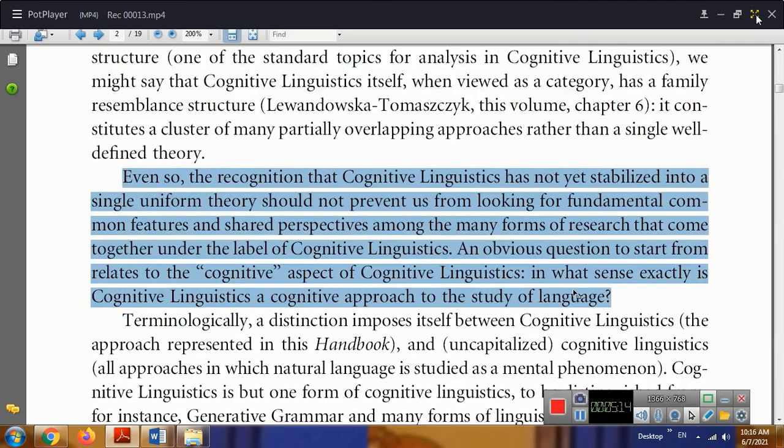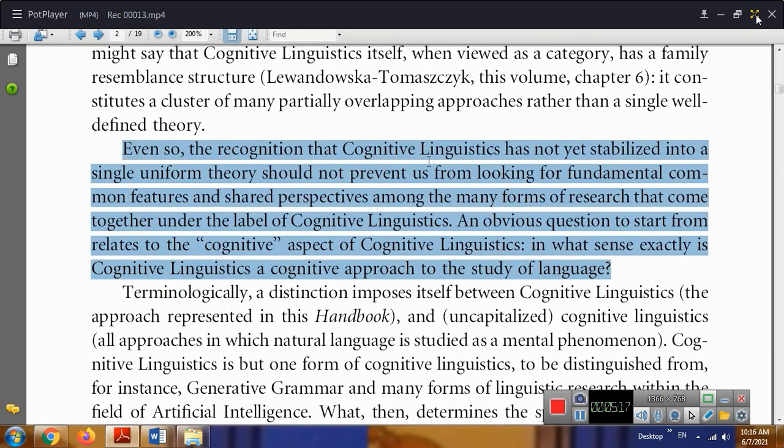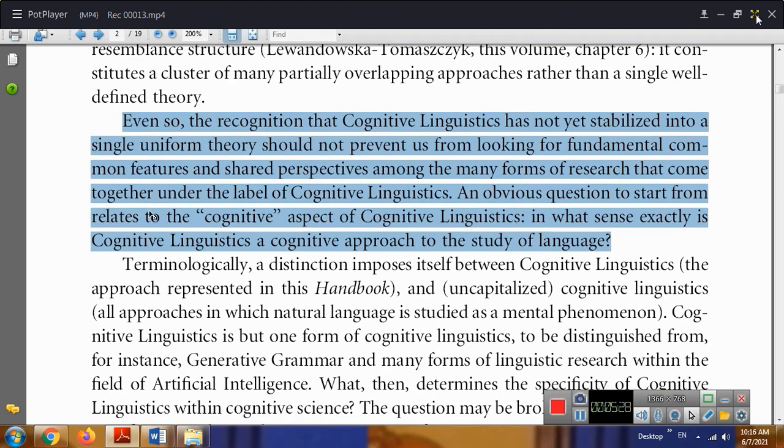Even so, the recognition that cognitive linguistics has not yet stabilized into a single uniform theory shouldn't prevent us from looking for fundamental common features and shared perspectives among the many forms of research that come together under the label of cognitive linguistics. An obvious question to start from relates to the cognitive aspect of cognitive linguistics.